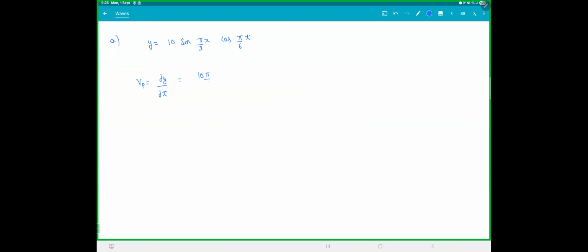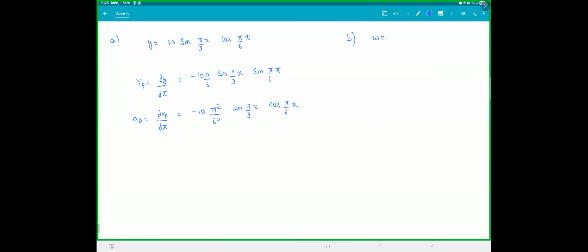That will be minus 10π/6 sin(πx/3), and this will become sin(πt/60). Acceleration of the particle, ∂²y/∂t², is minus 10π²/6² sin(πx/3), and this will again become cos(πt/60). There, you can substitute x and t and finish it off.